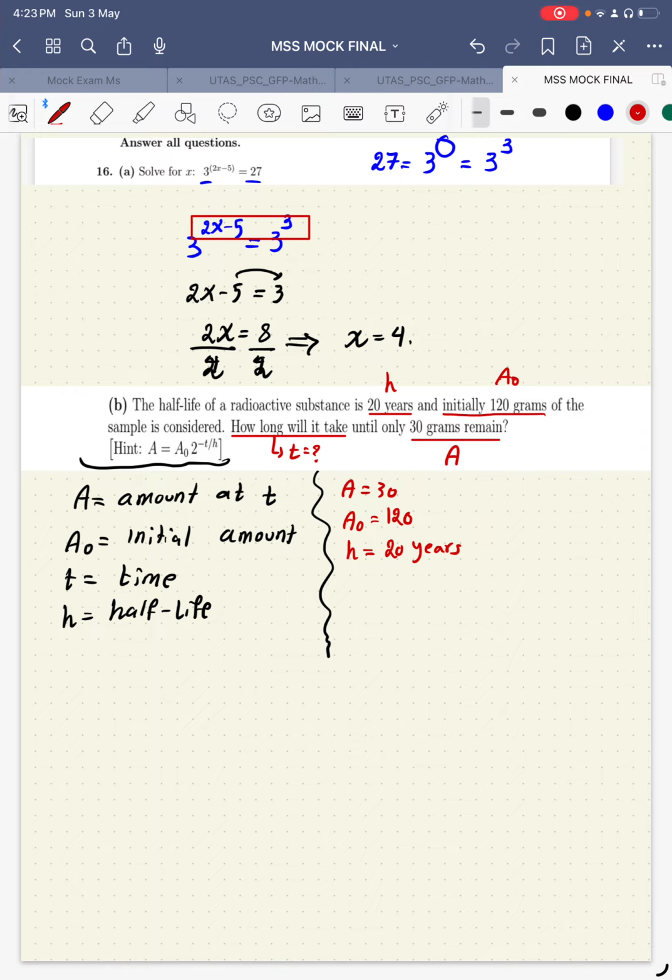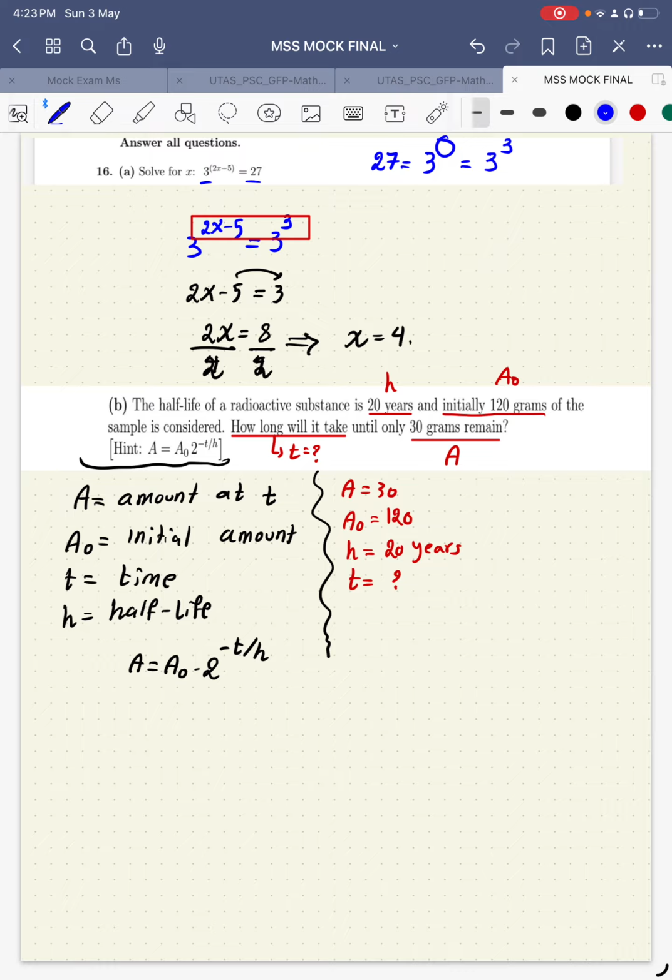And of course, I'm gonna have to find what is my T. So now, how am I gonna do it? I have the model A equal A0 times 2 to the power minus T over H. So to solve for this one, I'm gonna now substitute the values I know in my model.